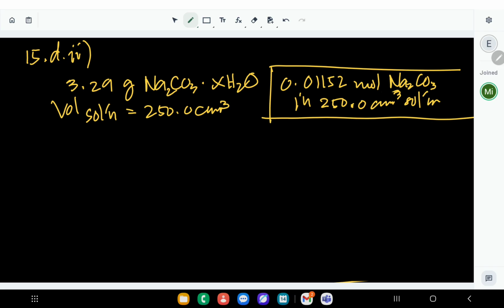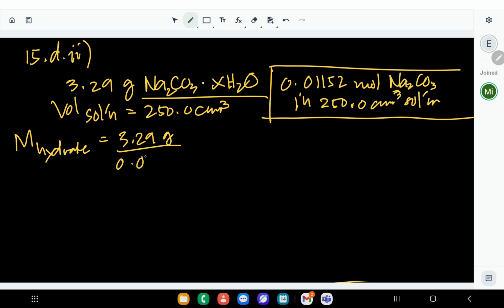So we just get the molar mass of the hydrate first. The molar mass of the hydrate is equal to the mass, that is 3.29 grams, divided by the number of moles, which is 0.01152. This is 285.6 grams per mole. So this one is the molar mass of the hydrate.